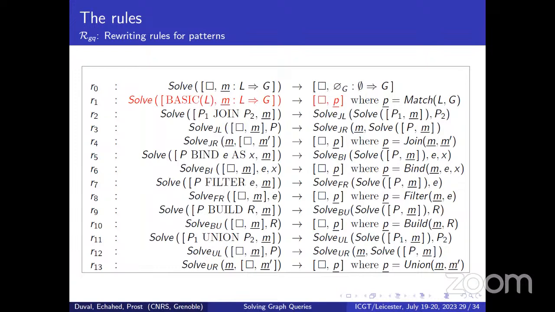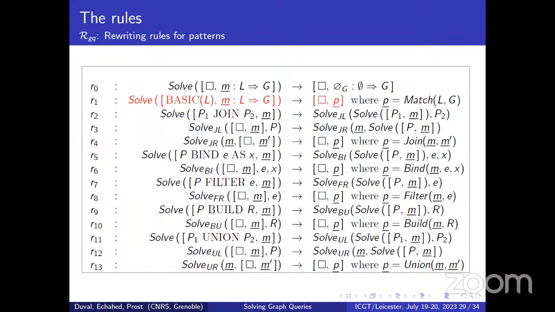I can explain more or less how it works on two or three. For instance, we define a solve operation which takes a pattern and a set of solutions and says how it behaves.